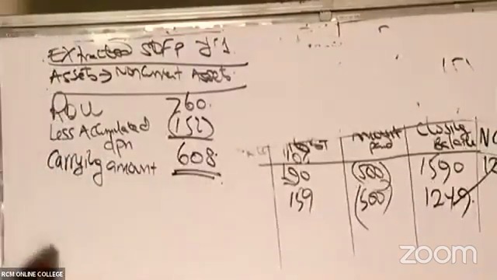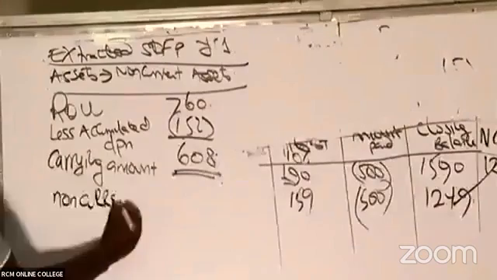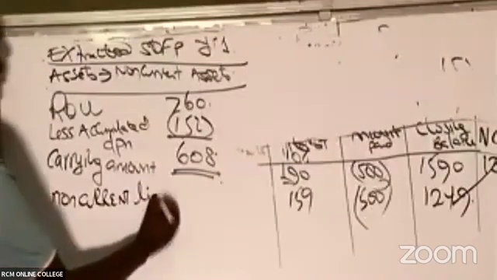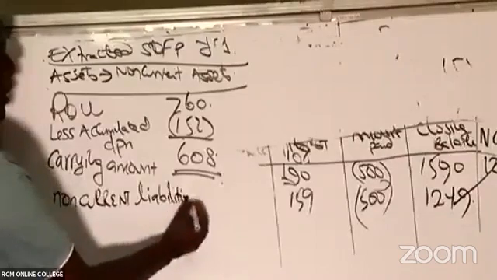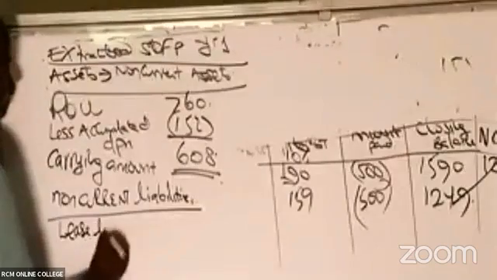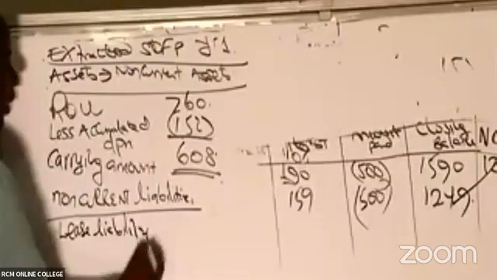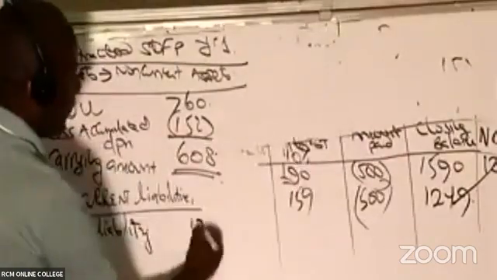And then you go to the liabilities. So liabilities, ladies and gentlemen, we have non-current liabilities. So we have lease liability for year one, non-current liability 1249.